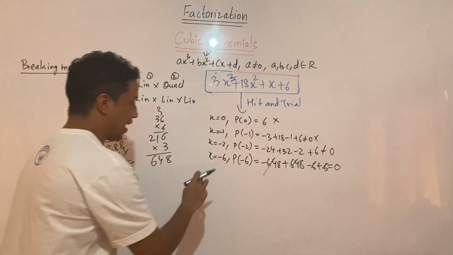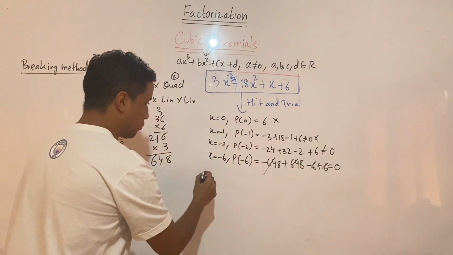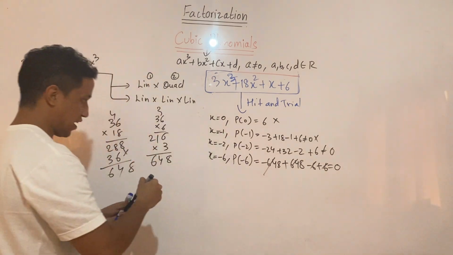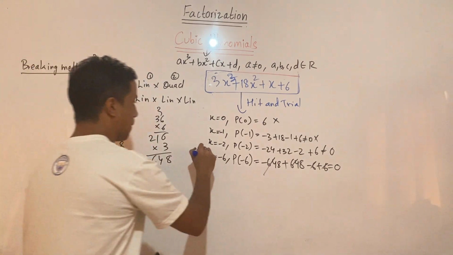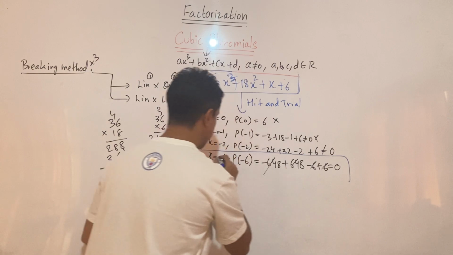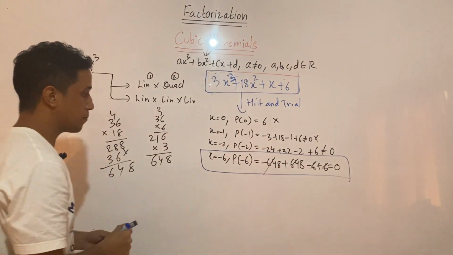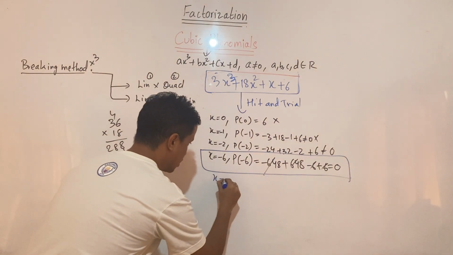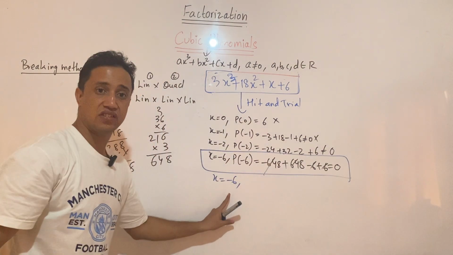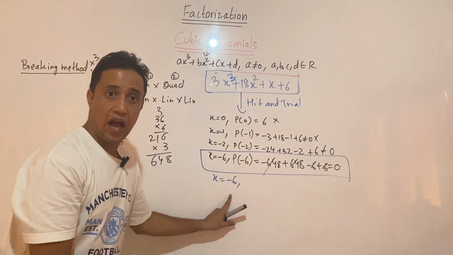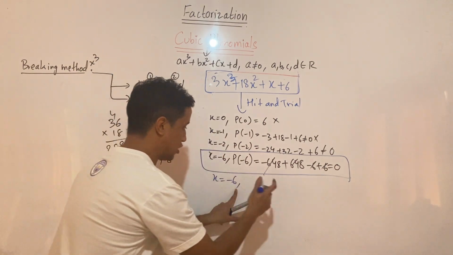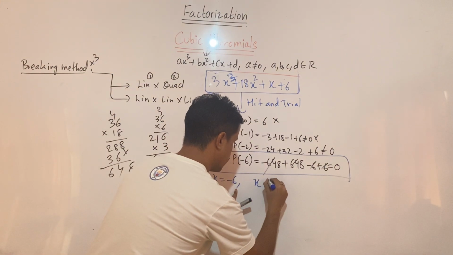So on putting x equal to -6, p of -6 is 0. It means if x equal to -6 is the solution, then in expression form it will become x plus 6.